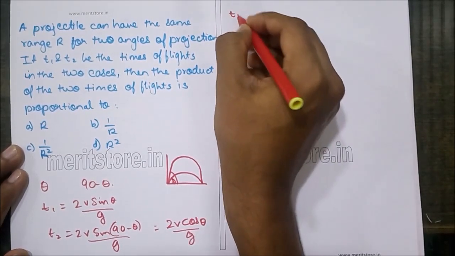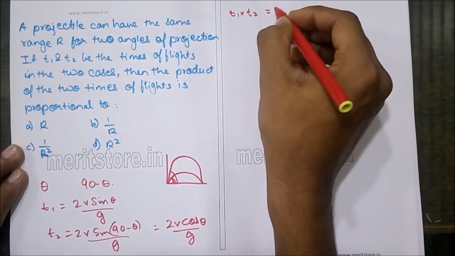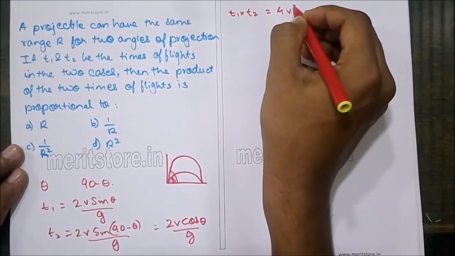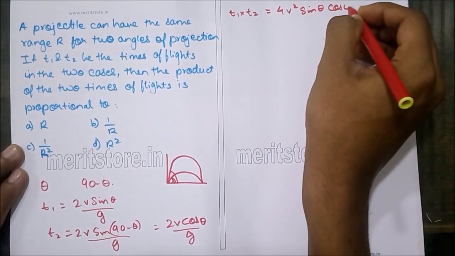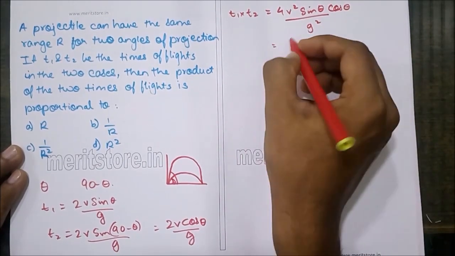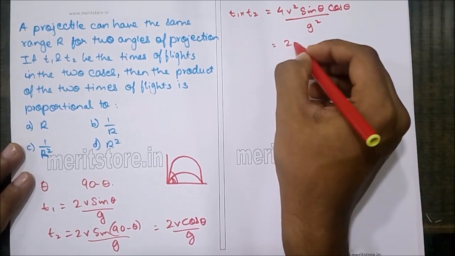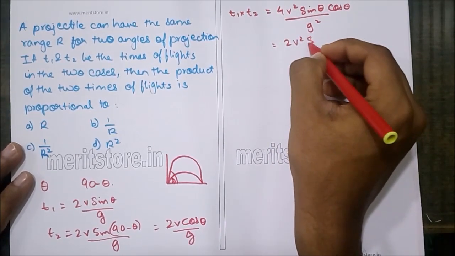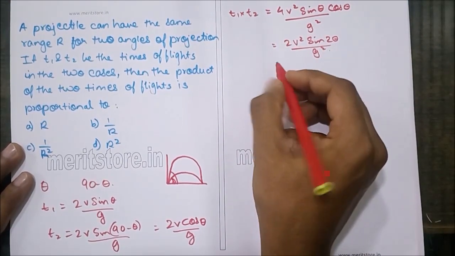So the product of T1 into T2 is equal to 4v square sine theta cos theta upon g square. So this can be written as 2v square sine 2 theta upon g square.